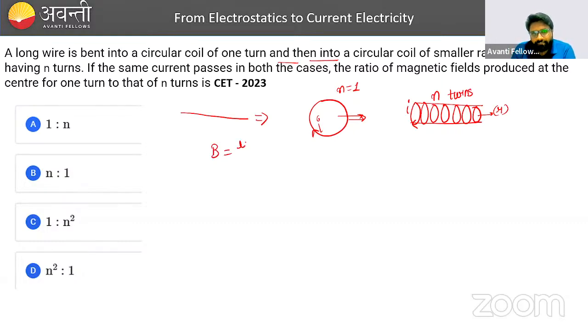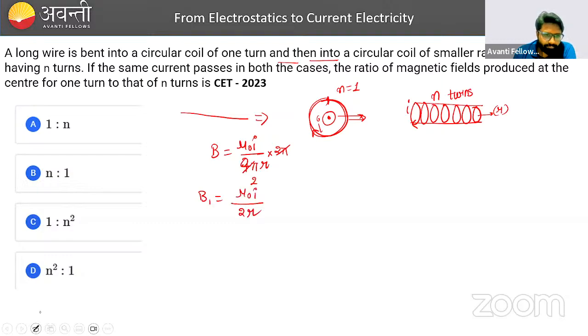Okay, so it is mu naught I upon 4 pi r into the angle subtended at the center. So how much angle does it subtend at the center? Take any one point, start moving from there, and you come back to where the coil ends. The coil ends at the same point, because it's a complete circle. So the angle subtended here is 2 pi. This will cancel out. So B in the first case is mu naught I upon 2r.